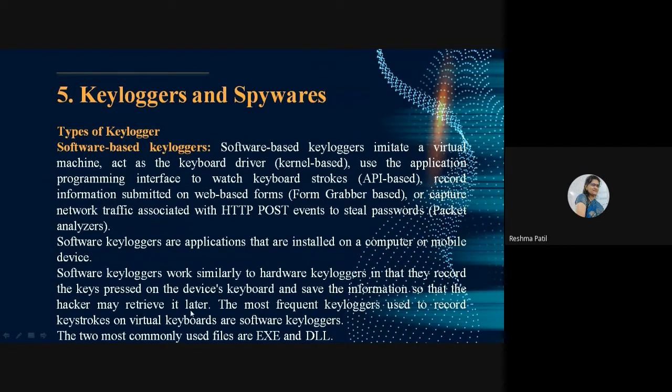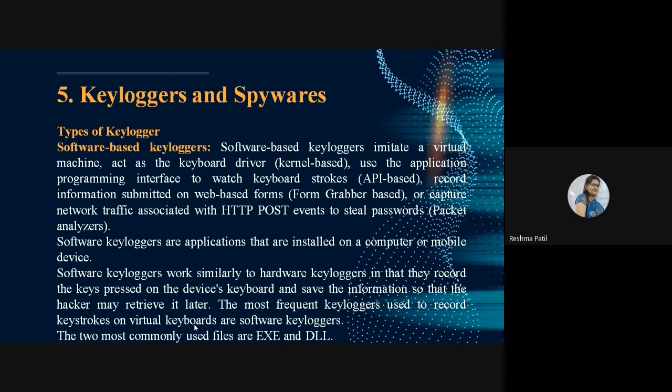So how does a hardware keylogger work? The same way a software keylogger works. They are taking information about which key has been pressed by the user. The most frequent keyloggers used to record keystrokes on a virtual keyboard are software keyloggers. If there is a physical keyboard, then hardware is available. But what about a virtual keyboard?